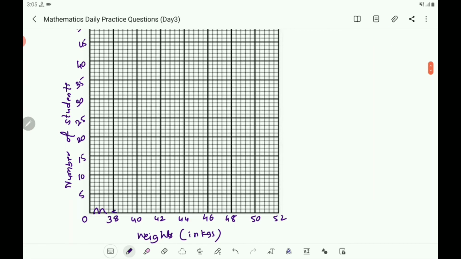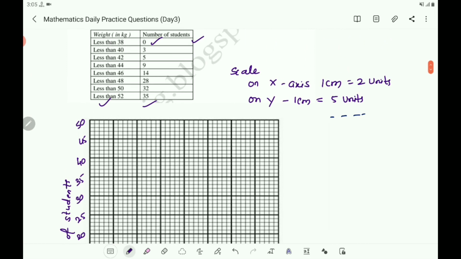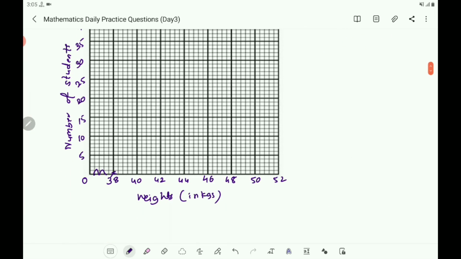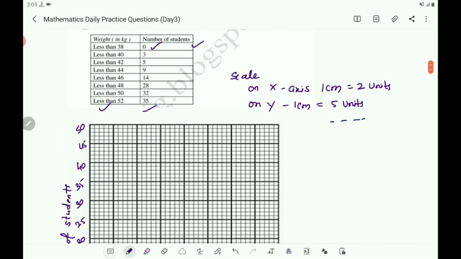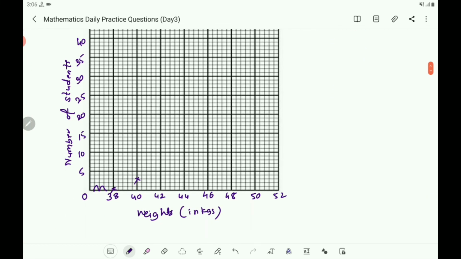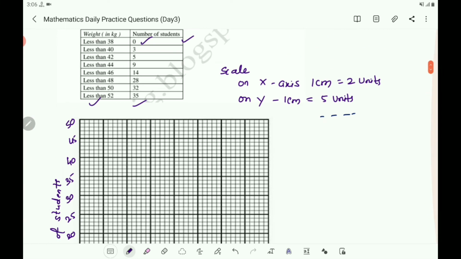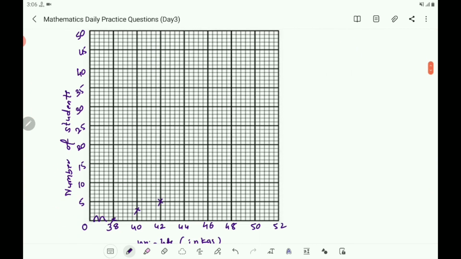Then first, less than 38, 0 is there. So write this as 0. Then 40, 3. Here the middle box becomes 1, 1, 2, 3. 3 is here. Next 42, 5. 42, 5 comes here. And next 44, 9. 9 means 1 less than 10. So take 9 here.